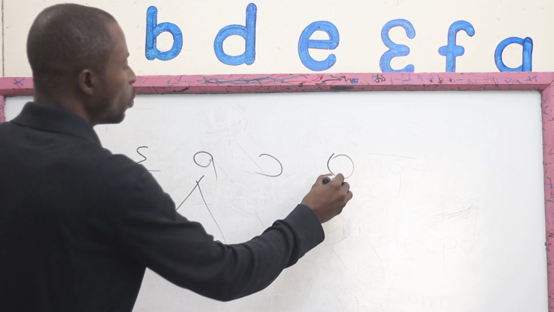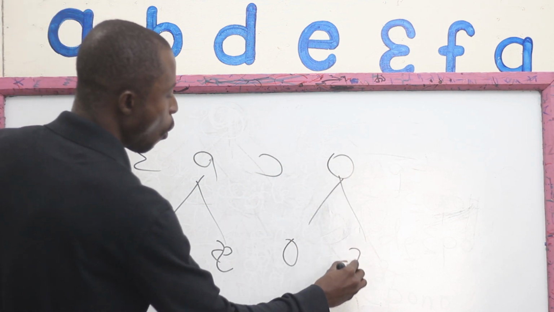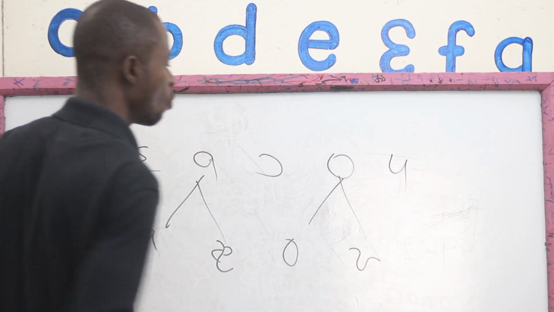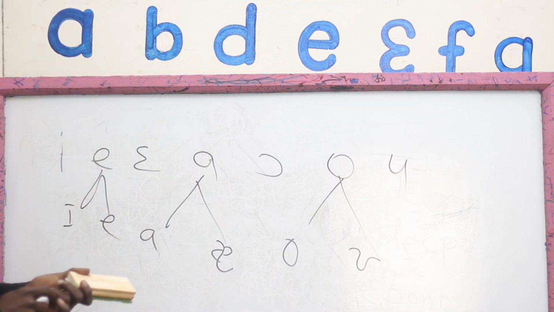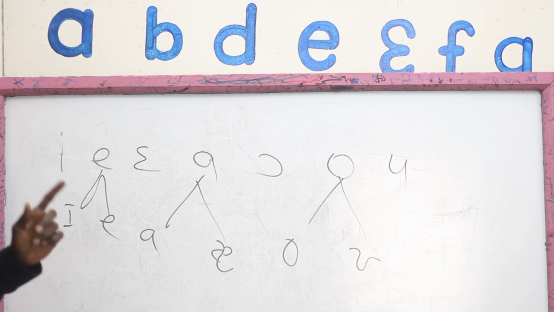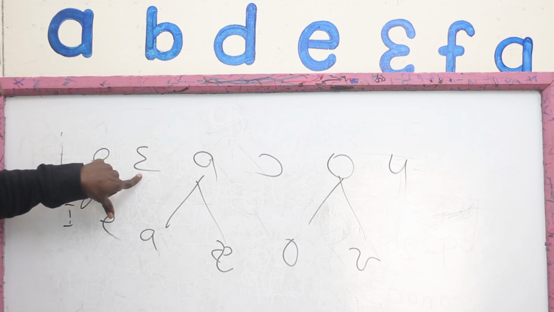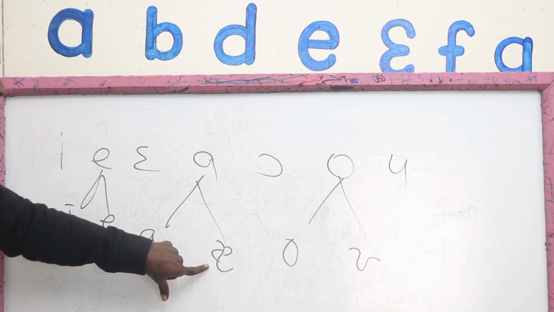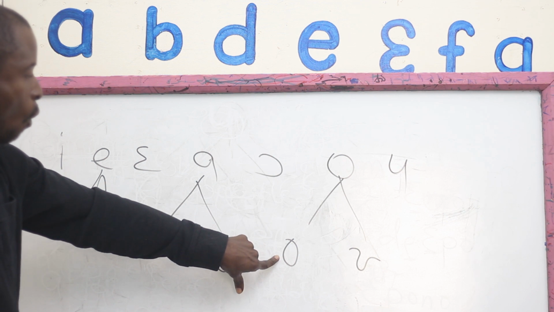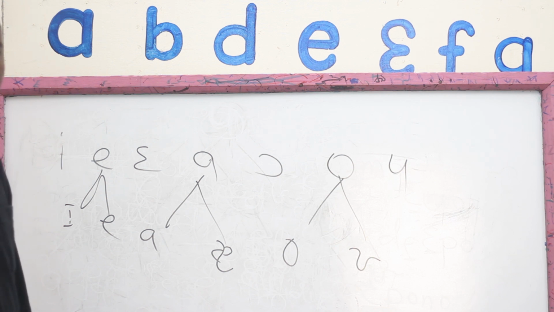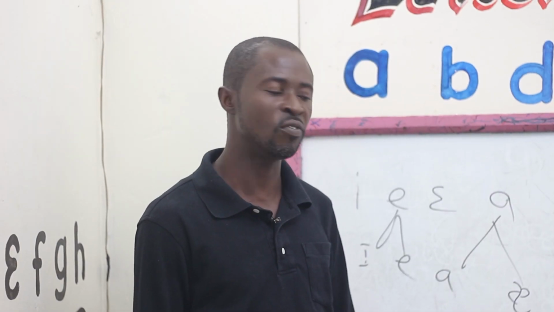We have O, which is also produced in two ways. Then finally, we have U. So these are the vowels we have in the Akan Twi language. Let me go over again for the last time. So these are the vowel sounds we have in the Akan Twi language. So try producing them for yourself.